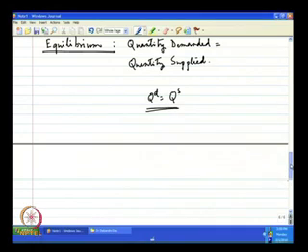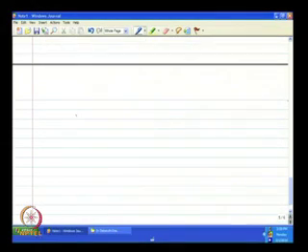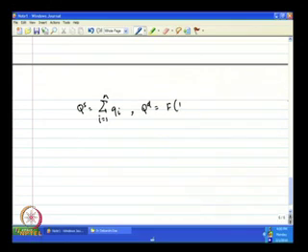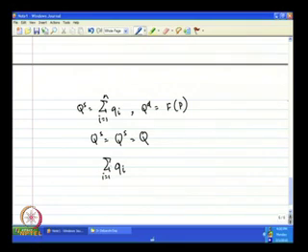Now, here in our model, what we had is the following: QS was the summation of all these Qi's and QD was a function of P. If I now impose this equilibrium condition, QS is equal to QD, let us suppose equal to Q, then we must have the summation of Qi equal to Q, which is equal to f(P), right.